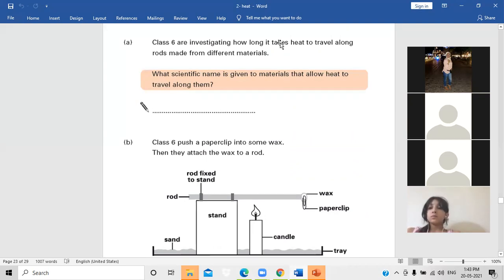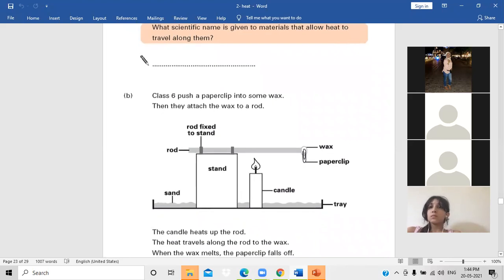Class 6 are investigating how long it takes heat to travel along rods made from different materials. Before I continue, I want to explain the experiment.